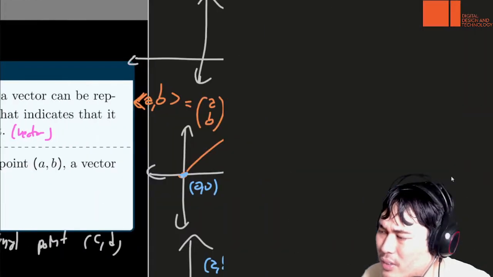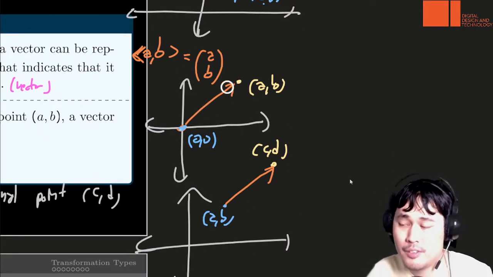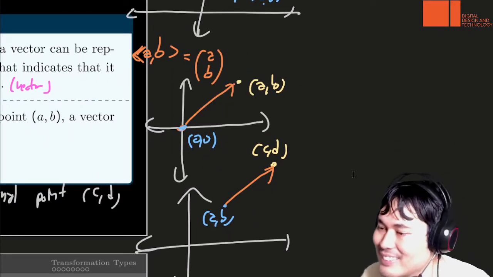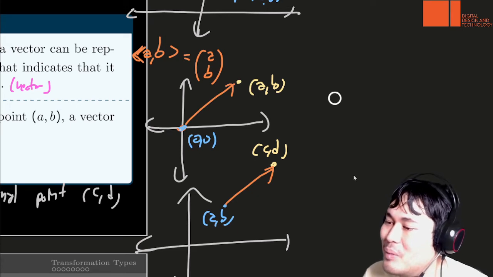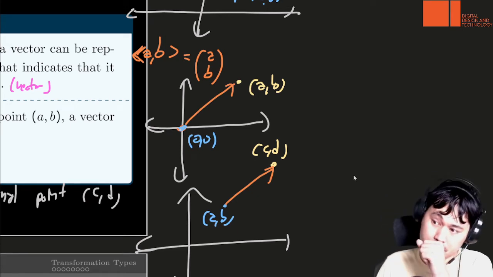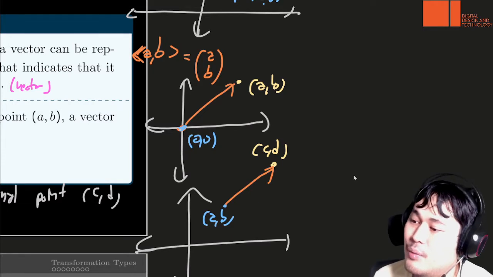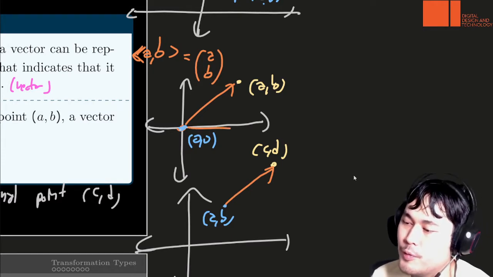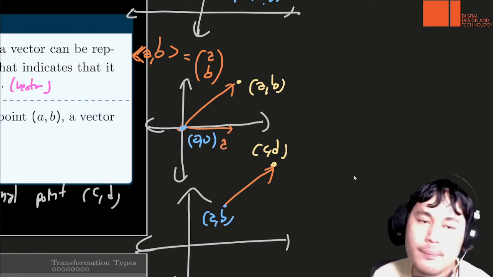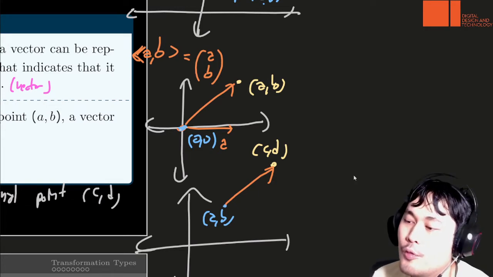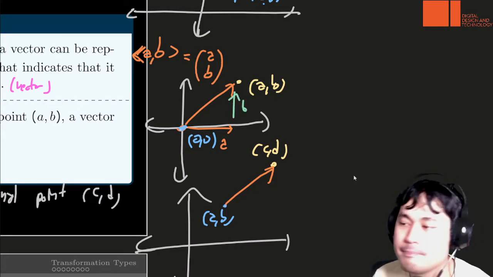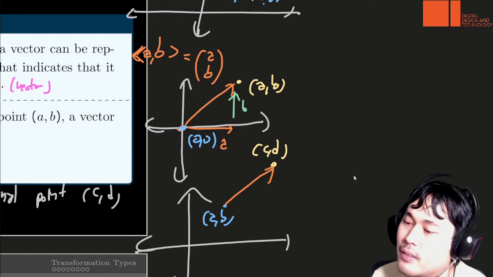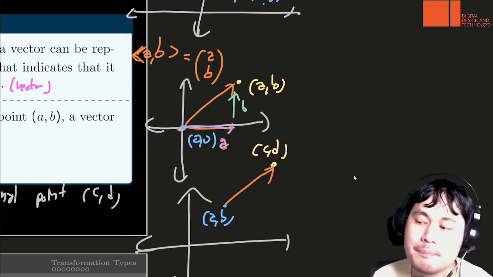In the original vector, we start from (0, 0) to (A, B). Now I remove everything. This is saying that we want to move A steps to the right, and we move B steps up. And so this involves two different movements.